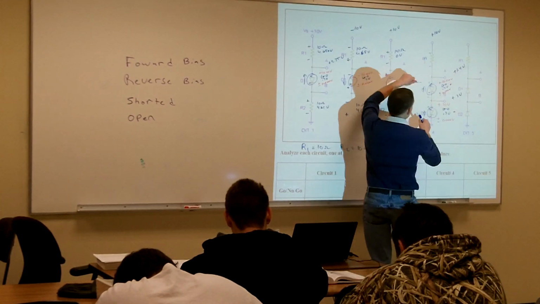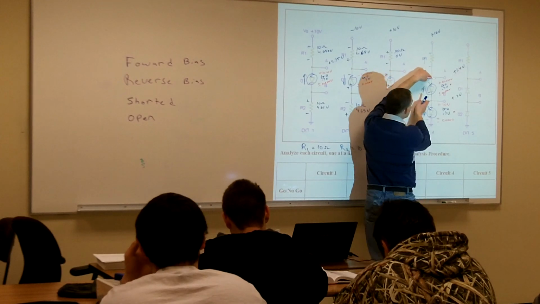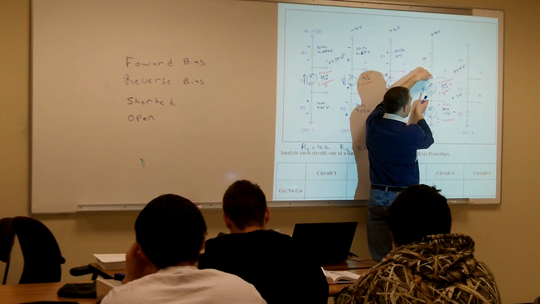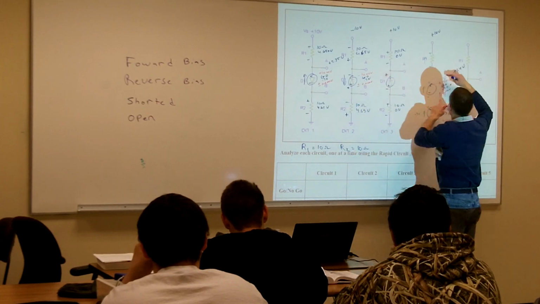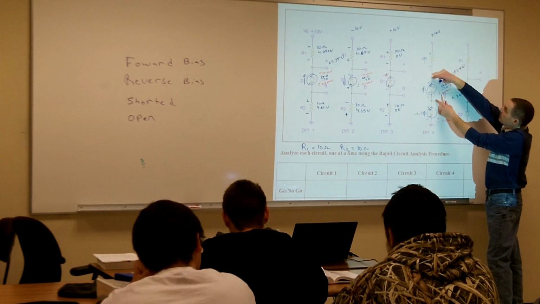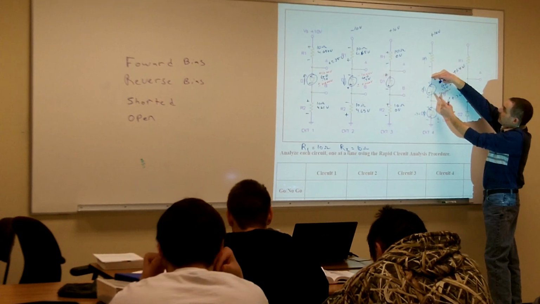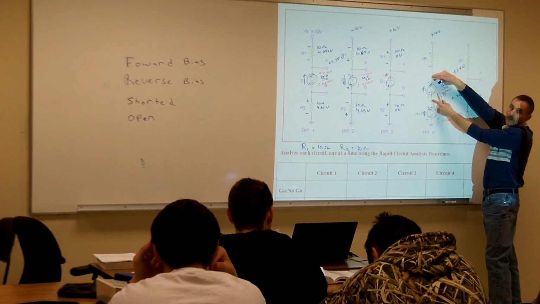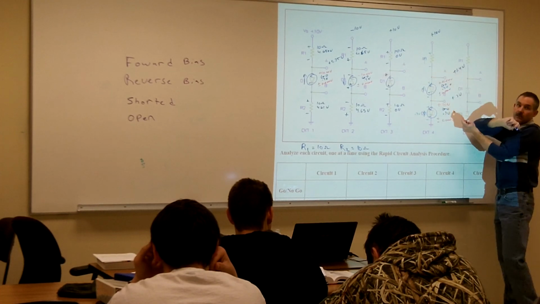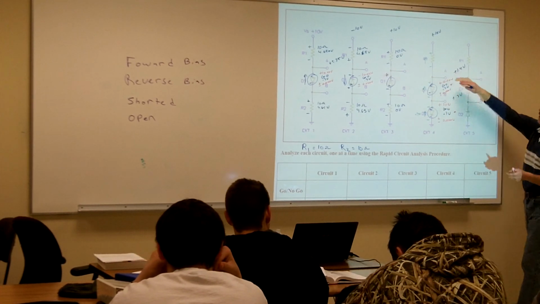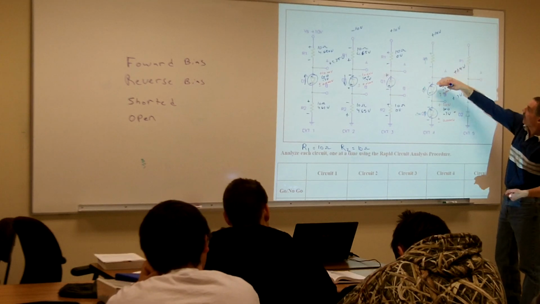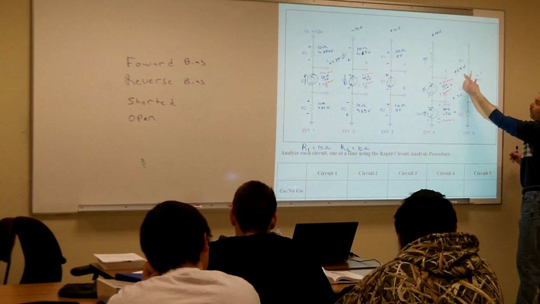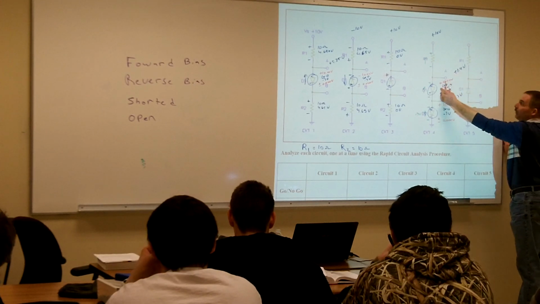So if I go back and verify that D1 is still on, I've got a positive 1.4 volts on this side and a positive 0.7 volts on this side. Would that diode still be forward biasing? Yes, because I'm more positive on my anode side than on my cathode side, by 0.7 volts.